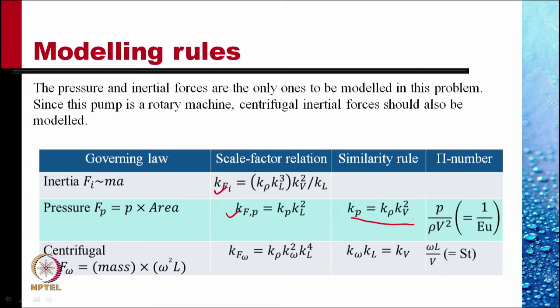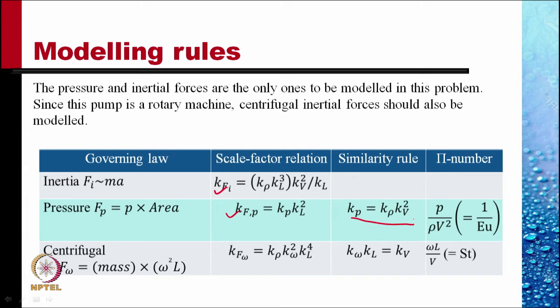From this, we get the pi number P divided by rho V square, which was shown to be 1 over Euler number in the last class. The centrifugal force F omega is mass times omega square r, the radius, that's the length.